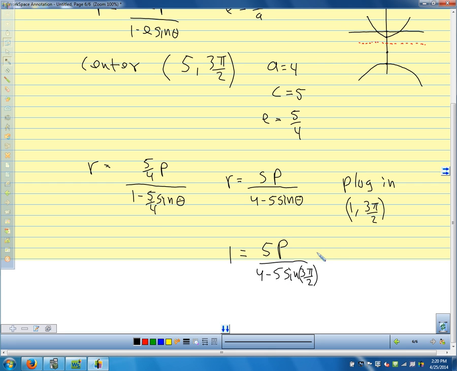What's the sine of 3 pi over 2? Down here on the negative y-axis, the y component, negative 1. So I get that 1 equals 5P over 9. And from this I get that P equals 9/5.